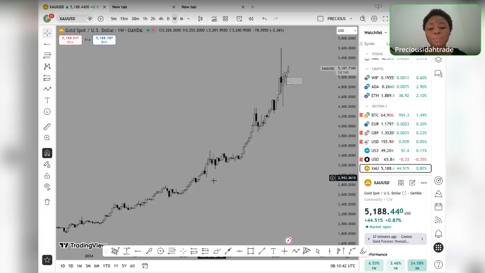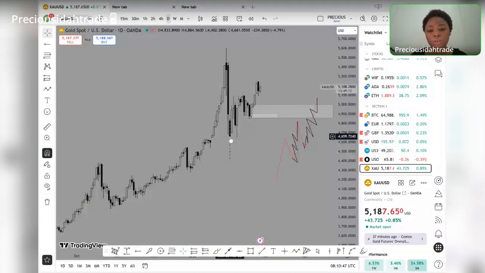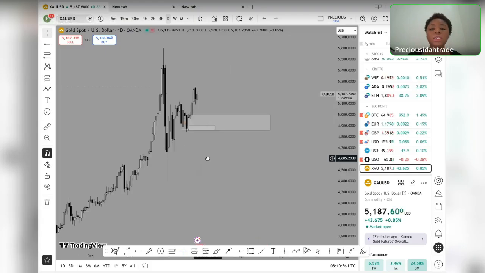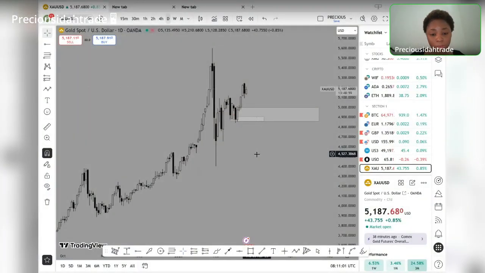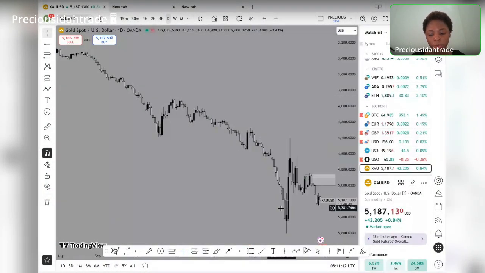So after you have determined your directional bias, the next thing to do now is to identify your market shift. Understanding your directional bias has to do with market shift. If this is a bearish market now, this is the structure of a bearish market.